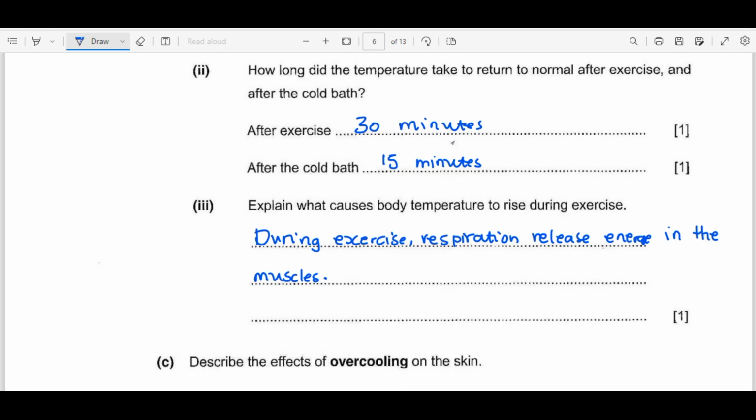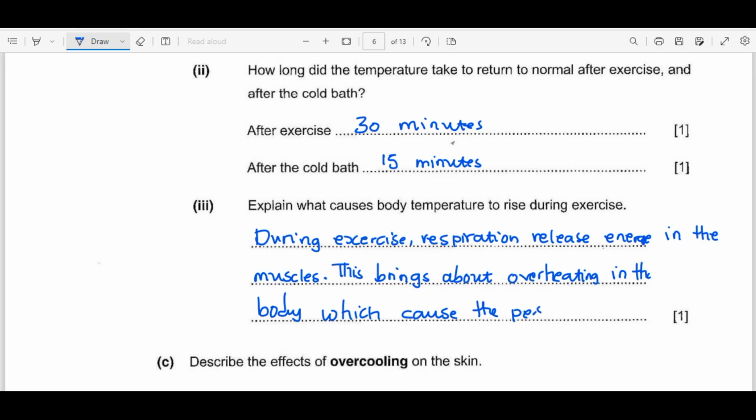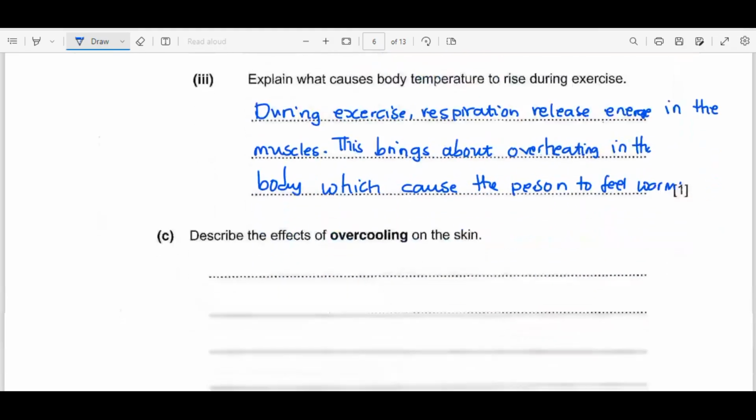Then we'll say this brings about overheating in the body, which causes the person to feel warm.